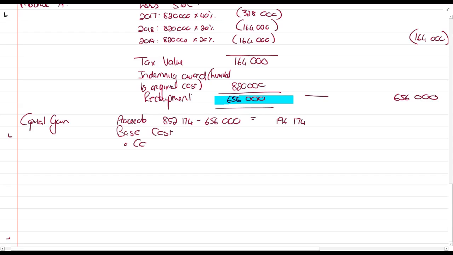Base cost is the cost of the asset, 820,000, less our allowances.